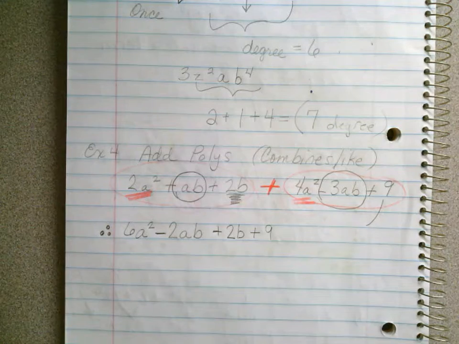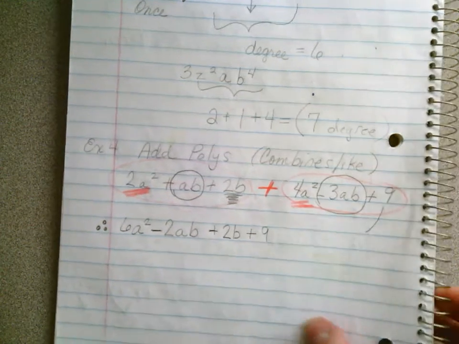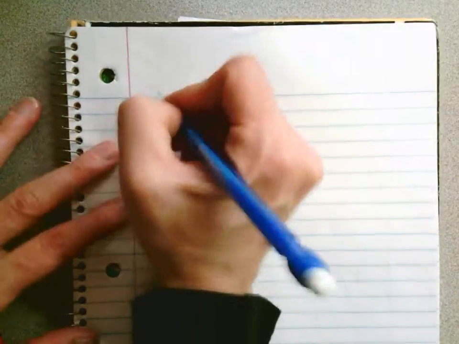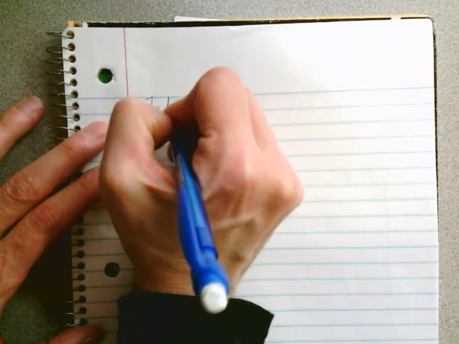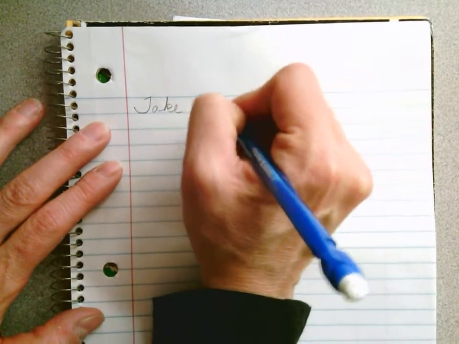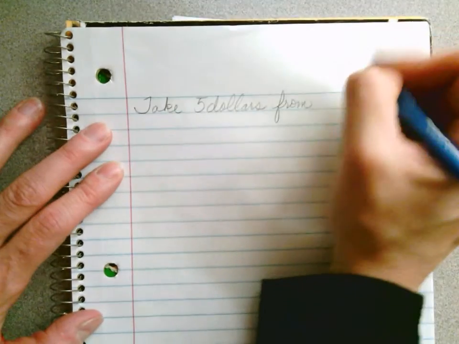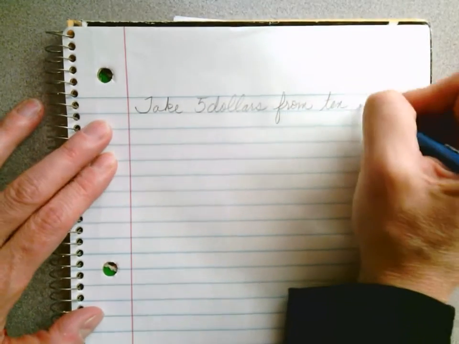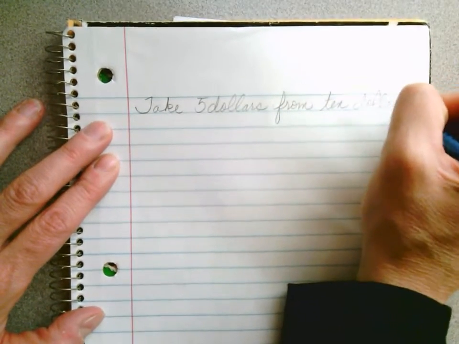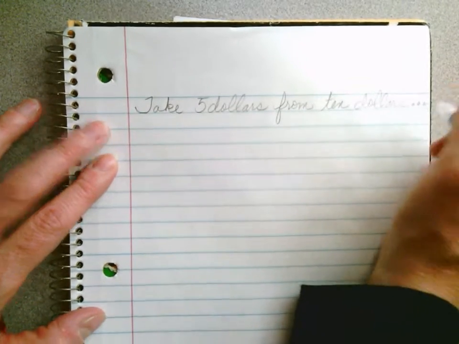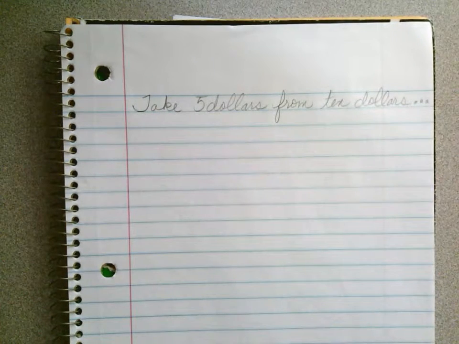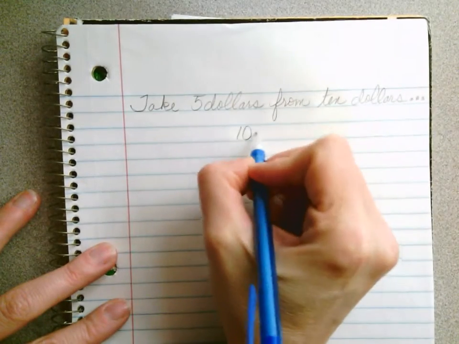Subtraction, and where everybody gets bound up, is always subtraction. If I say this to you, take $5 from $10. How would you write that mathematical equation? 10 minus 5, very good.